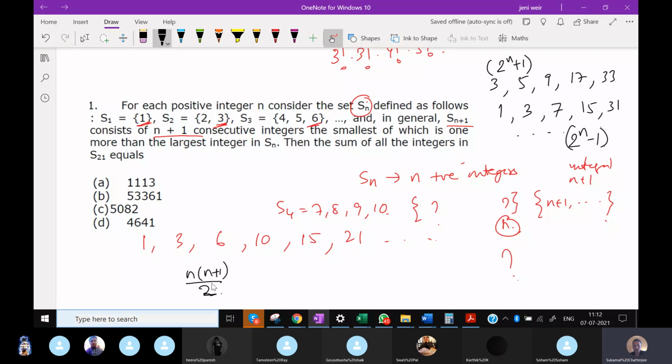Right? So if you put n equal to 1, this would be 1 into 2 by 2, which is 1. n equal to 2, 2 into 3 by 2, which is 3. n equal to 3, 3 into 4 by 2, which is 6, and so on.